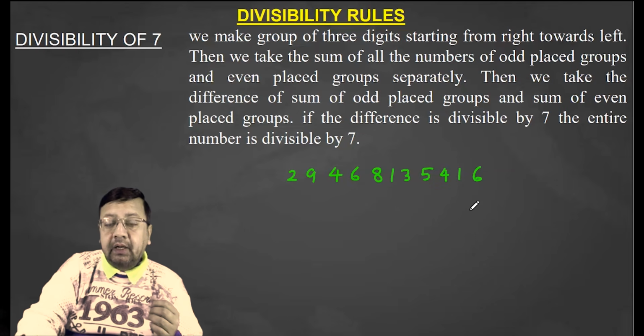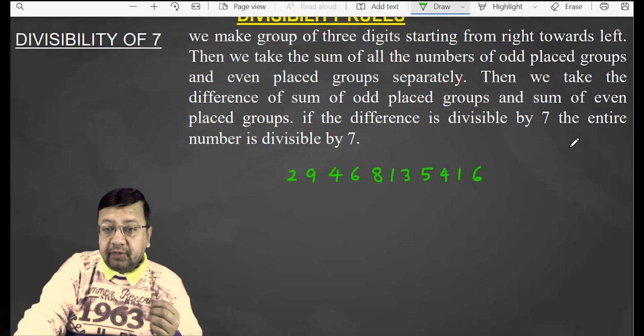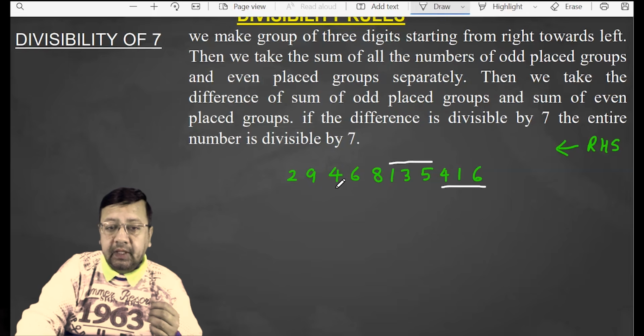Now, what to do? Just start from your right hand side and make groups of 3 digits. One group is this, one group is this, one group is this, and one group is this.